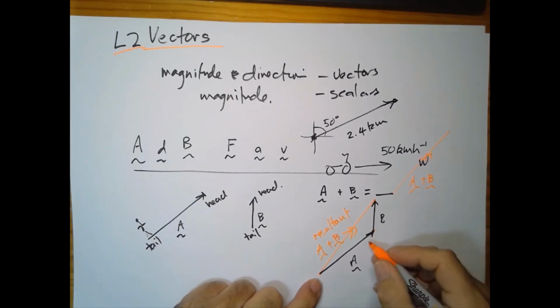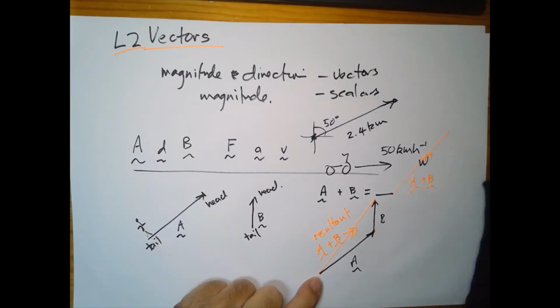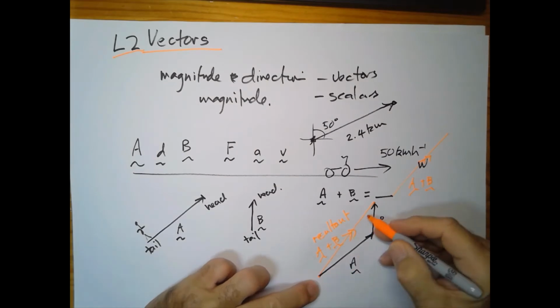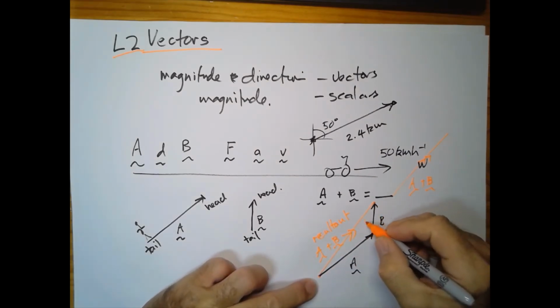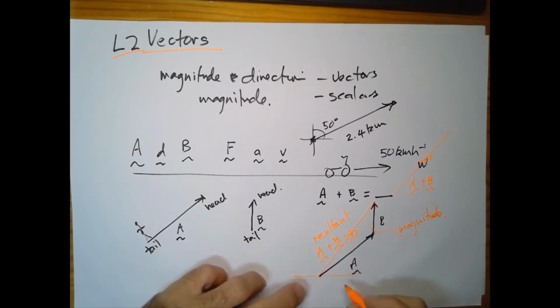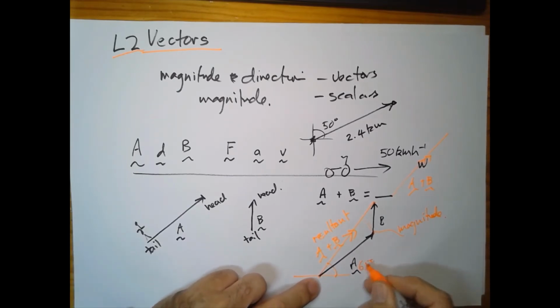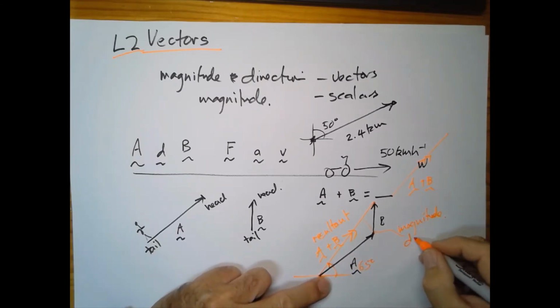We add our vectors head to tail, and when we describe this resultant vector, we'll give it a length, so it'll have a magnitude, and it will also have a direction. So in this case we might say that is 65 degrees from here to here. So it's got a magnitude and it's got a direction.